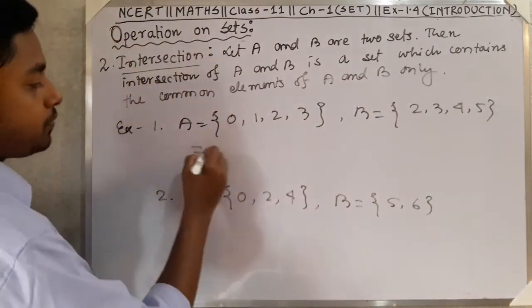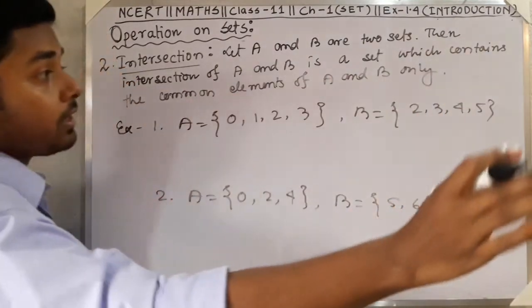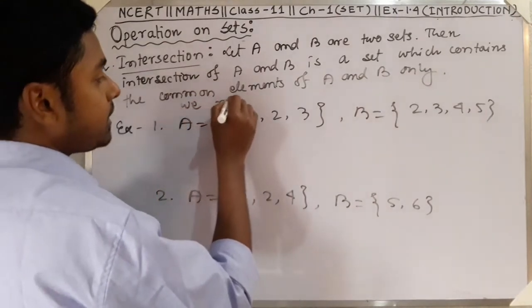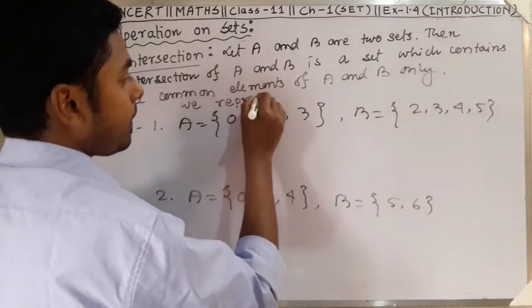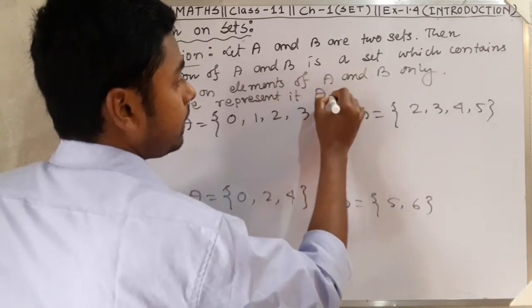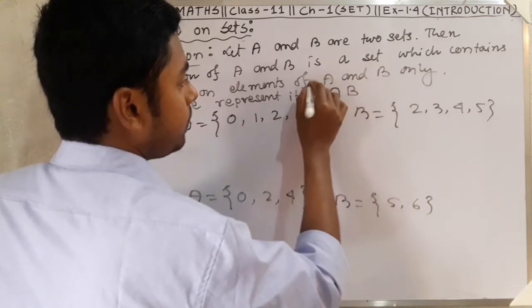Here you have to find A intersection B, and listen, we represent A intersection B like this.